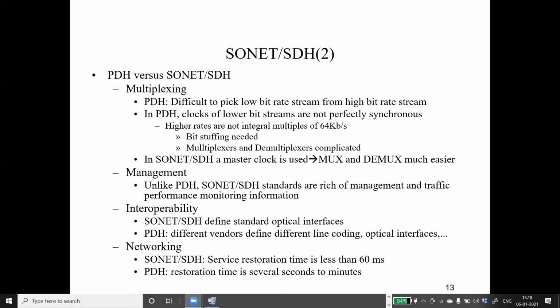In the previous system it was very difficult to find any particular information from the whole lot of bits being transmitted, and it was more complicated as compared to Sonnet. So it was difficult to pick a low bit rate from the stream of a high bit rate.